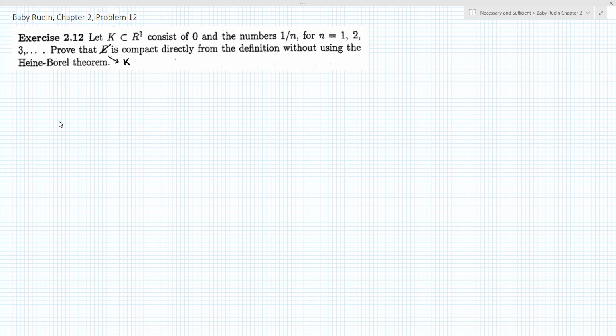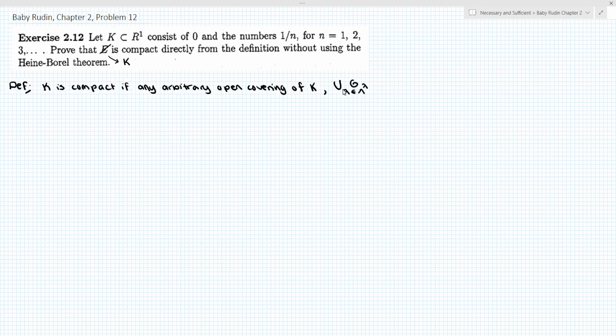So let's start by recalling the definition of compactness. So definition, K is compact if any arbitrary open covering of K, so let's say we index over an arbitrary set lambda.